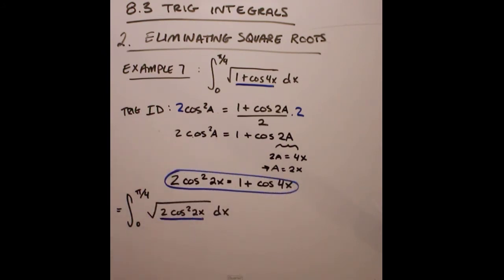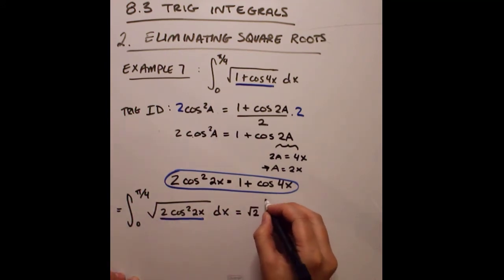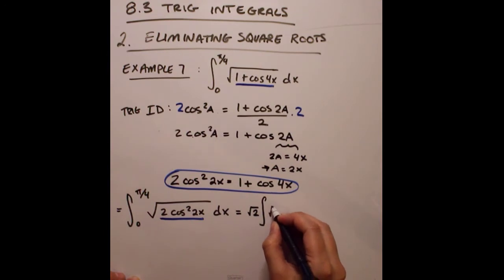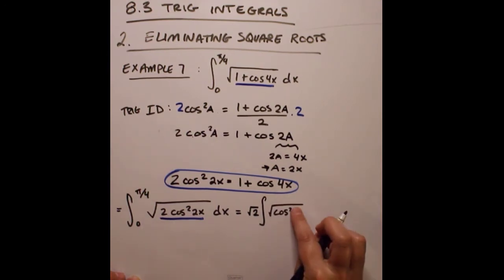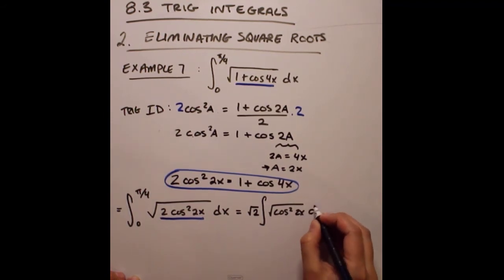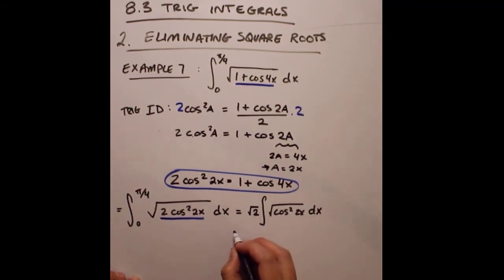Now the good news is this quantity is squared and we can take the square root of it. First let's factor out the square root of 2, because it's square root 2 times this cosine squared. I'm going to factor out that square root 2 all the way to the front. Then this is now the square root of cosine squared 2x, and we can go ahead and take the square root. I'm just leaving the limits of integration off for a second.